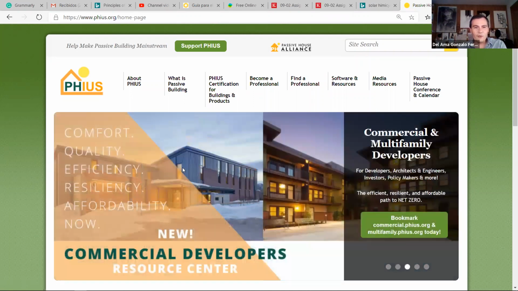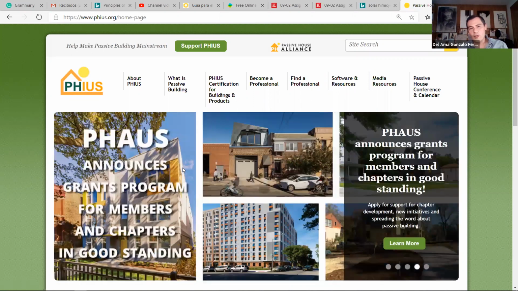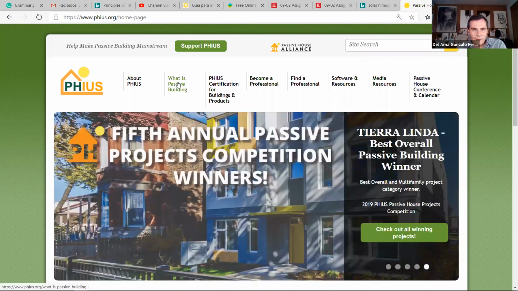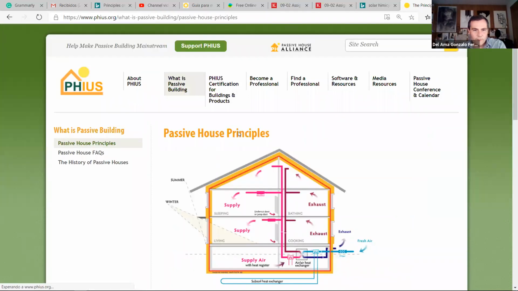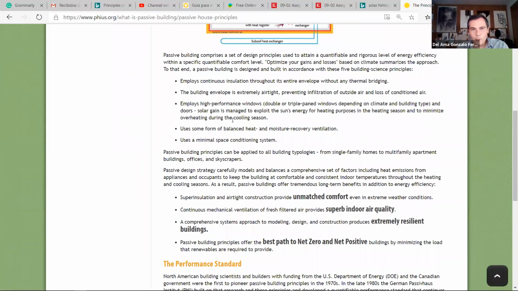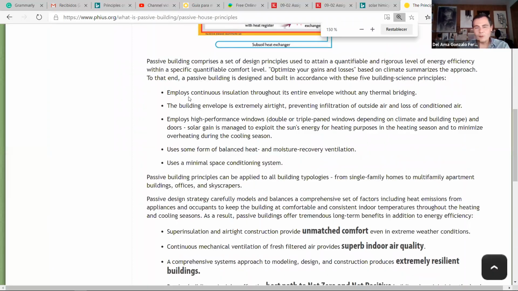So the first thing you have to do is to reduce the thermal loads. And to reduce the thermal loads, you have to increase the thermal resistance. If here you click on what is a passive building, there are passive house principles, and they are the same things that we have talked about. Continuous insulation throughout without any thermal bridging.